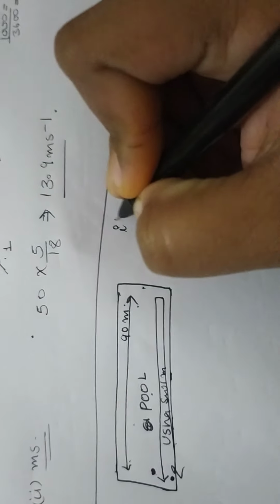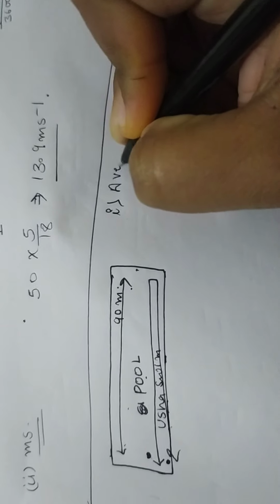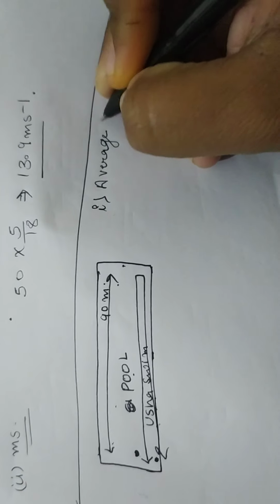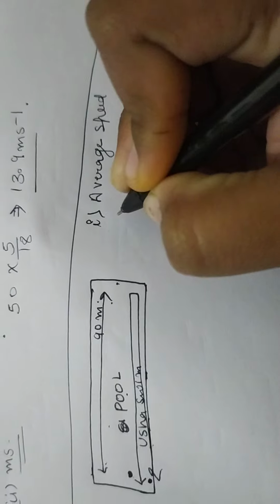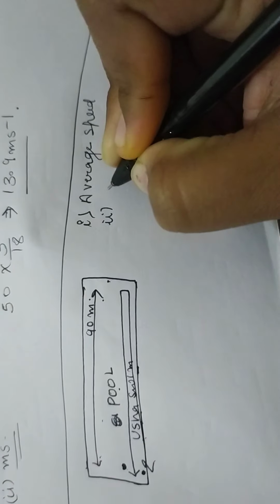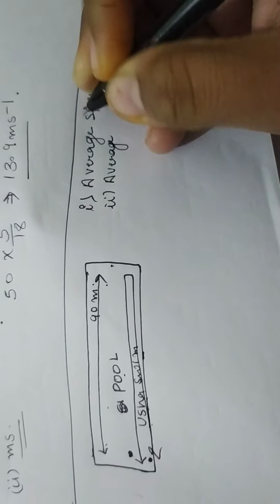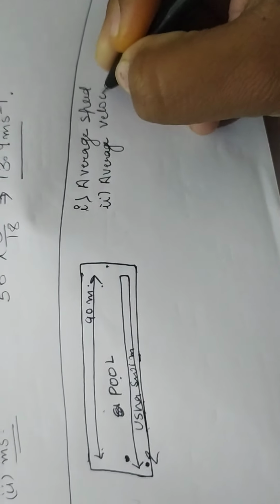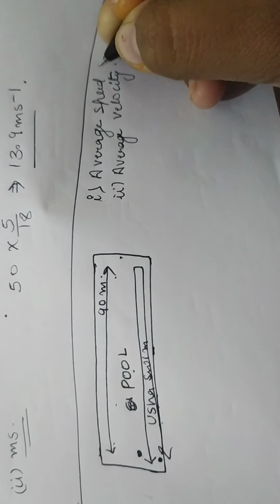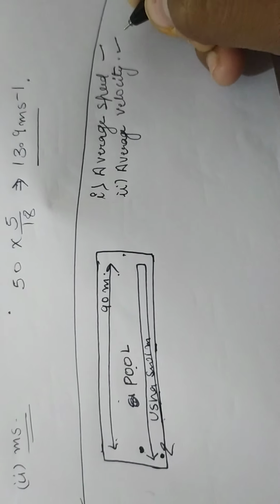What do we have to find? We have to find average speed, and another thing we have to find is average velocity.